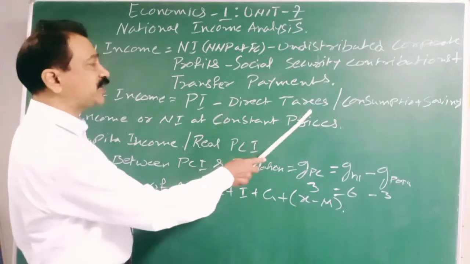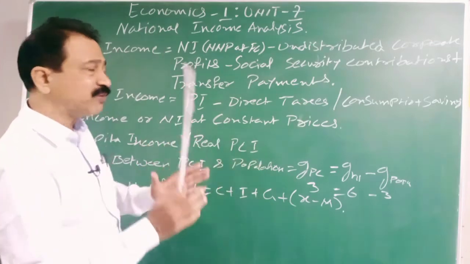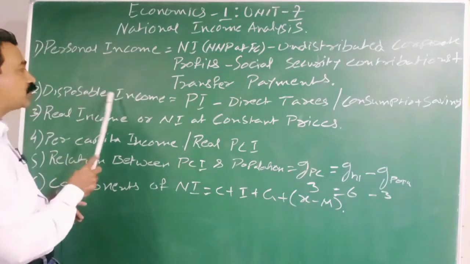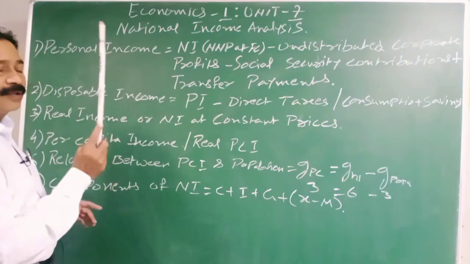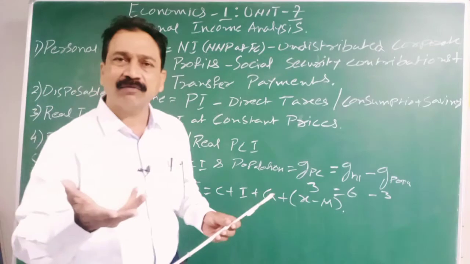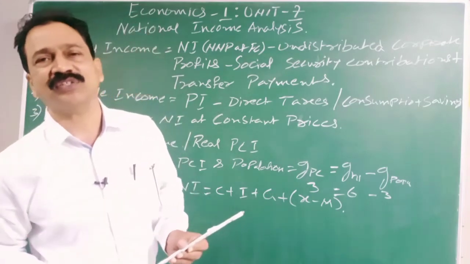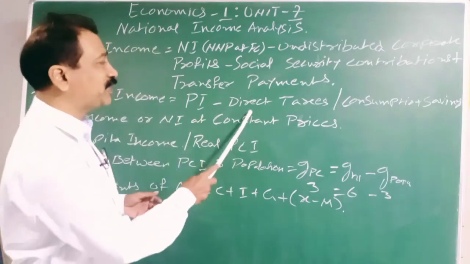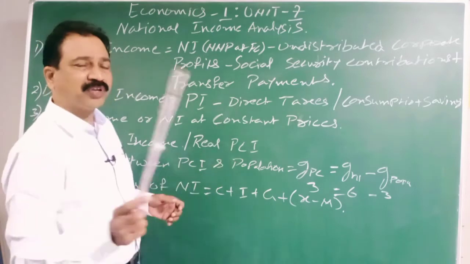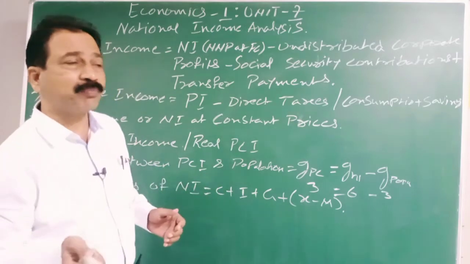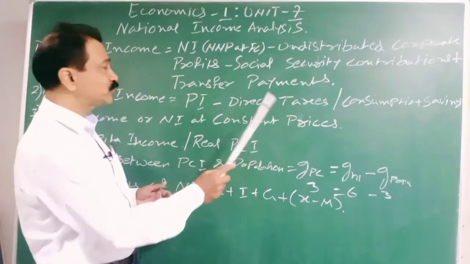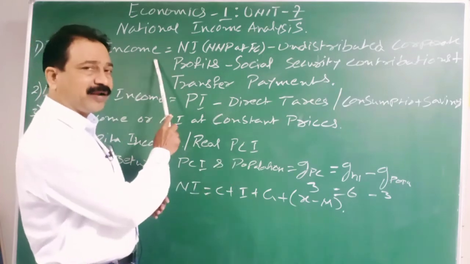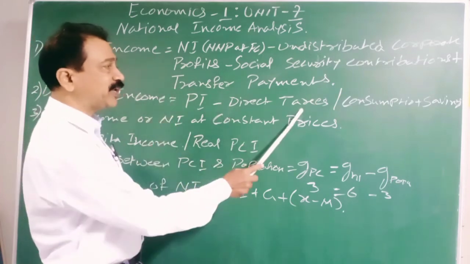When you remove these direct taxes, the money which is left with you is disposable income, that you can spend for the satisfaction of your wants. If you don't pay the direct taxes and you spend all the amount, then you will be put into jail, because you are supposed to pay these direct taxes. So from personal income, whatever has been earned by the persons, we have to remove the direct taxes.